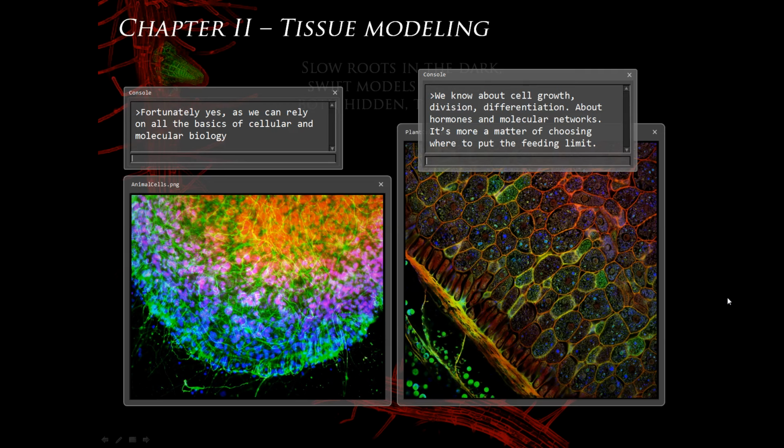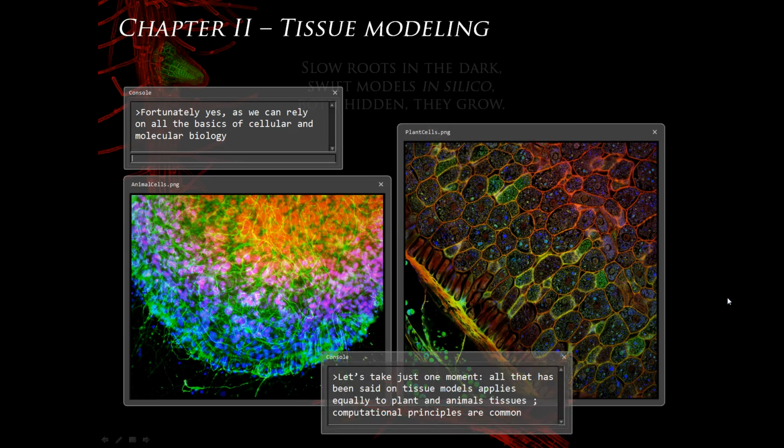Let's make a little bit of a quick parenthesis here. All that I've been saying from now on tissue models applies equally to plant and animal tissues, because the computational principles behind those are common. So the main difference between animal and plant tissue models will lie in the mechanical principles and tissue plasticity.